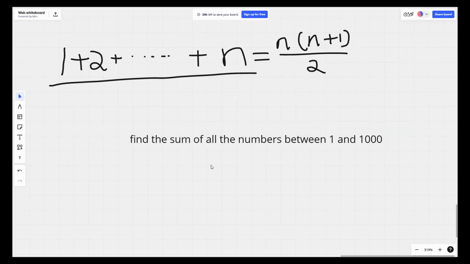I don't want you to do this manually. I don't want you to do 1,000 additions. I want you to use this trick. So find the sum of all the numbers between 1 and 1,000. And if you get your answer, you can type it in the chat.